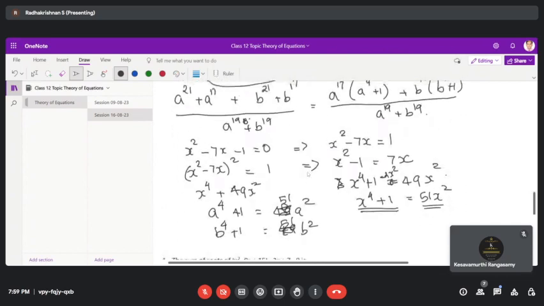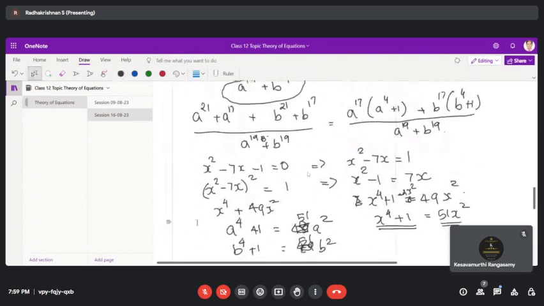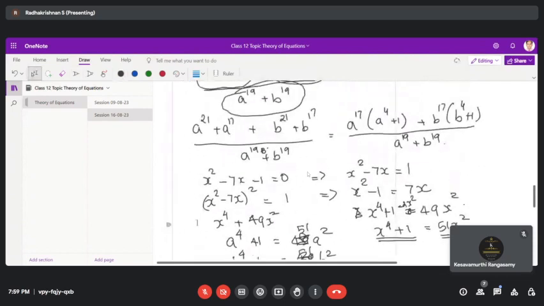So what was the given equation? A to the power of 17 into a power 4 plus 1, right?